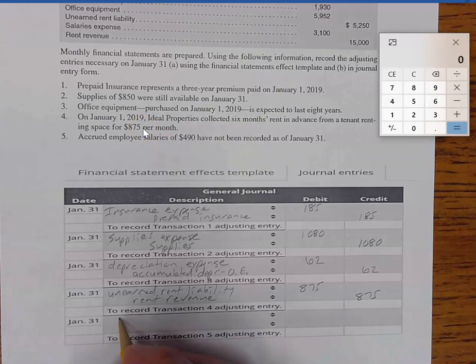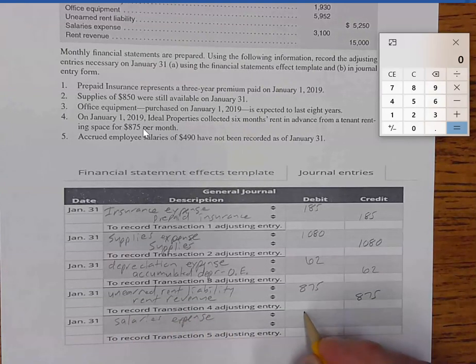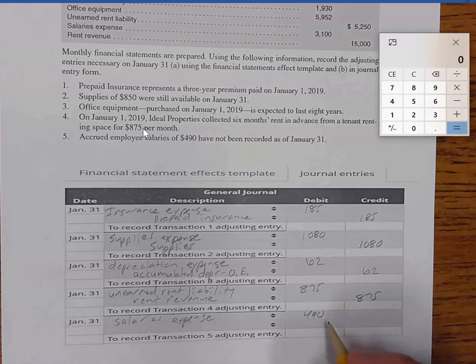So we would have something like salaries expense for $490. Again, I say something like because I don't know exactly what's on this drop box here. It might say salaries, it might say wage expense, something like that. But it's going to be something very, very similar. And that's going to be our debit because expenses always go up with a debit.